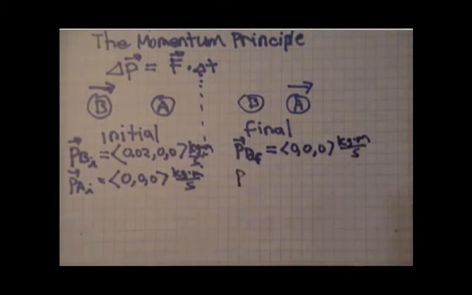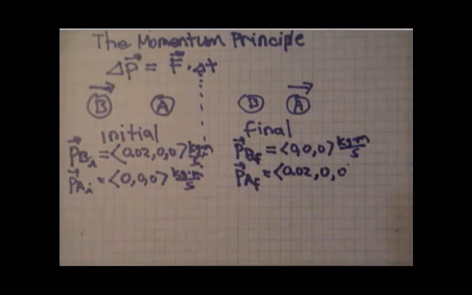And it's ball A that now has in the final state a non-zero right-going momentum. And I'm going to assume that the magnitude of this momentum is also 0.02 kilogram meters per second. And that sort of looks reasonable if you look at the video, that the momentum that ball A acquires in the collision has the same magnitude as the momentum that ball B had before the collision.